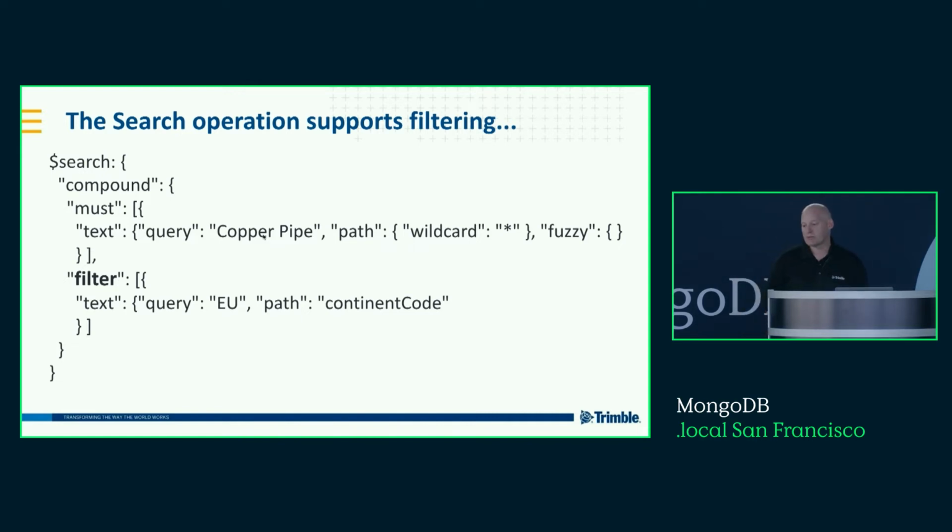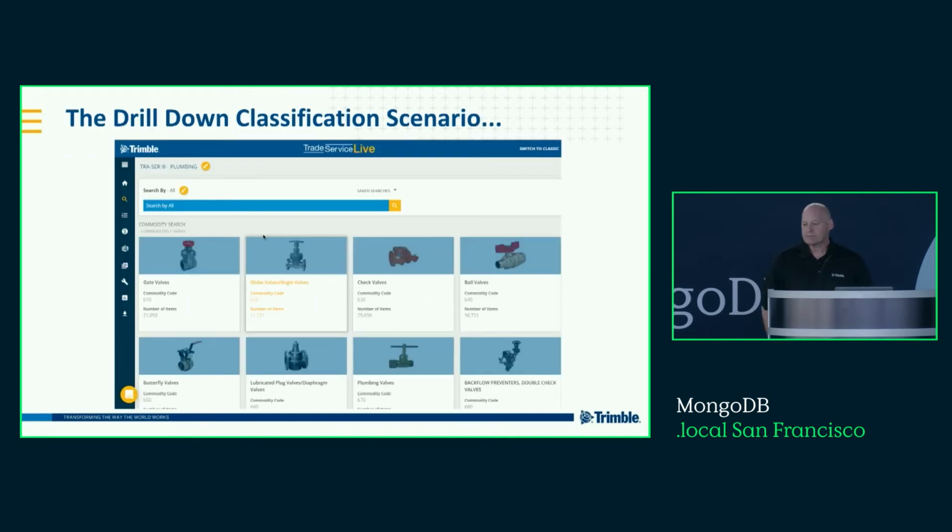In Trimble building construction, our client applications use 2 scenarios to obtain these specific component property filter values. The first scenario is called a drill down classification, which is based on the application's component taxonomy. Here we see the selected discipline is plumbing.